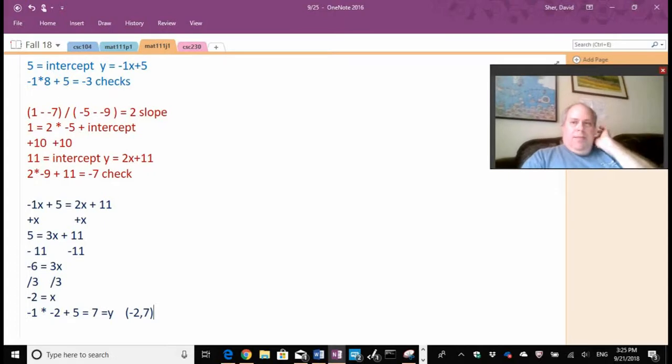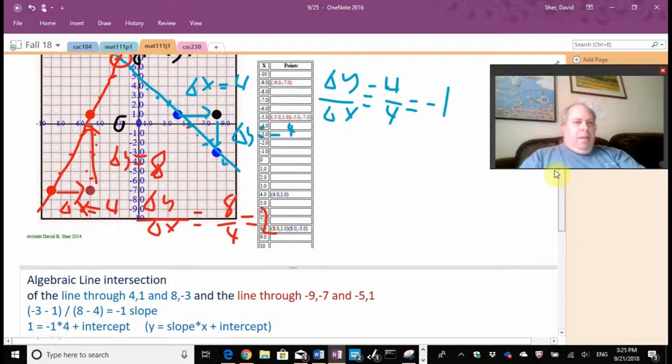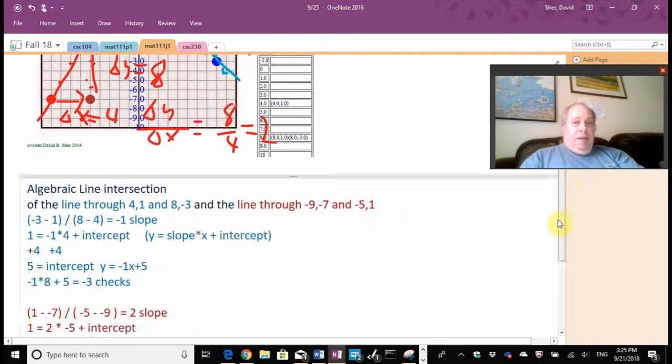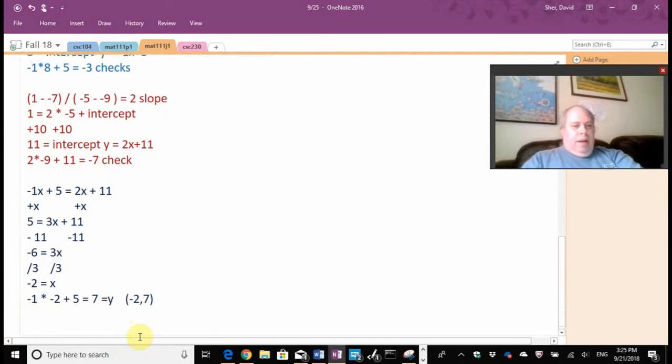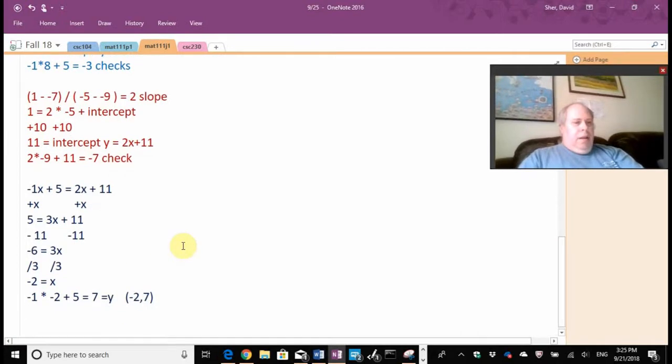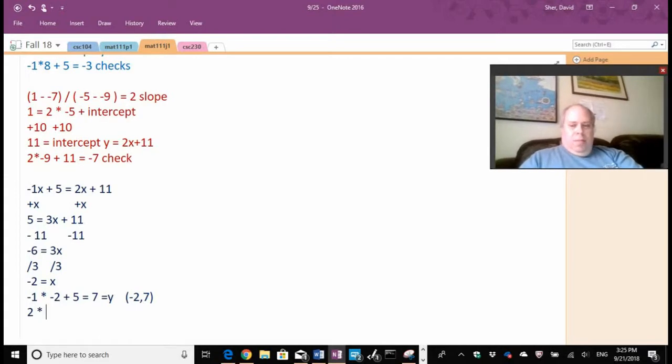Is that what I got graphically? Should be. If it's not, something bad happened. But there it is, -2, 7. To verify that better, another check is to plug in to 2x plus 11. So we're going to take 2 times, let me put a nice spacing there, minus 2 plus 11.